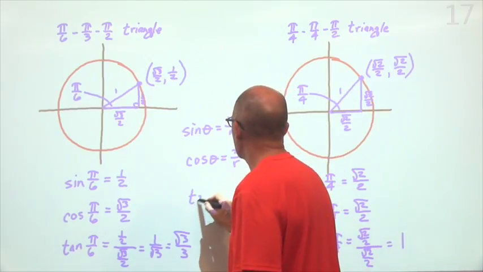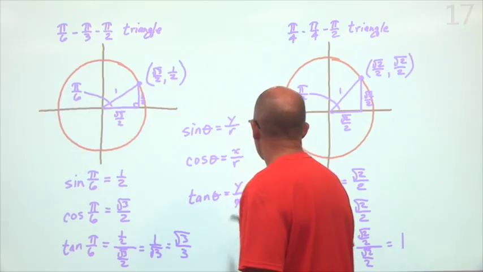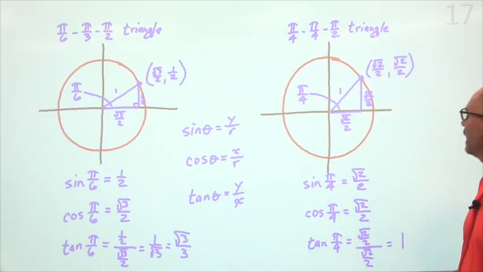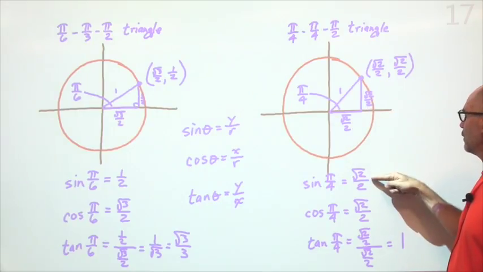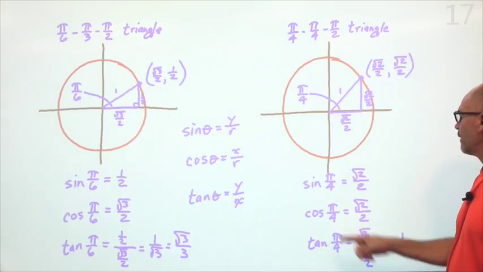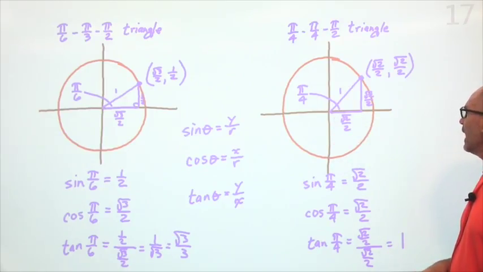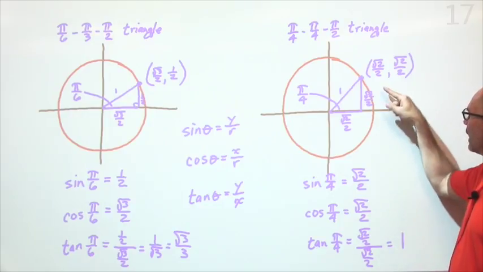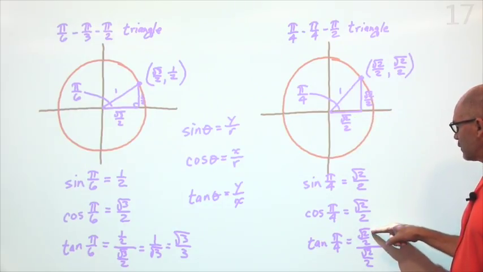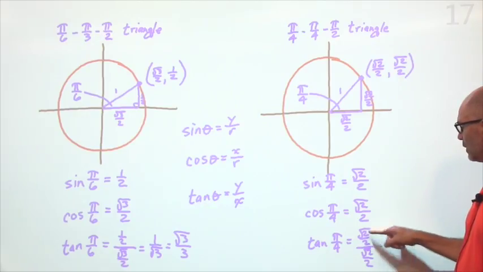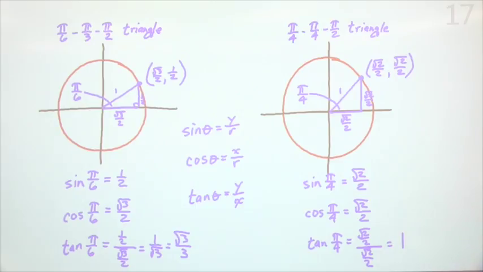And tangent is going to be y over x. So sine of pi over 4, well, that's just the y value, which is square root 2 over 2. Cosine of pi over 4, that's just the x value, which is square root 2 over 2. And tangent pi over 4 is y over x. So square root 2 over 2 divided by square root 2 over 2. Notice top and bottom are the same, so the ratio has to be 1.